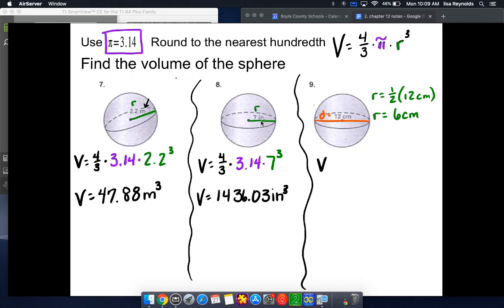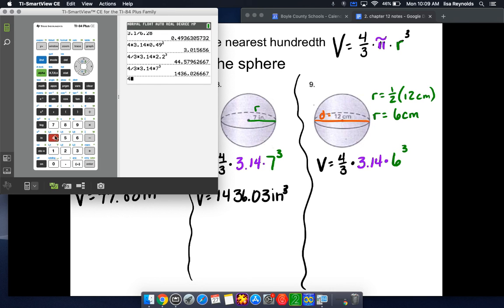So our volume is 4/3 times our value of pi, which we're told to use 3.14 times our value of the radius, which is 6, and we cube it. So 4/3, 4 divided by 3 times pi, 3.14 times the radius, which is 6, and it is cubed in the volume formula.